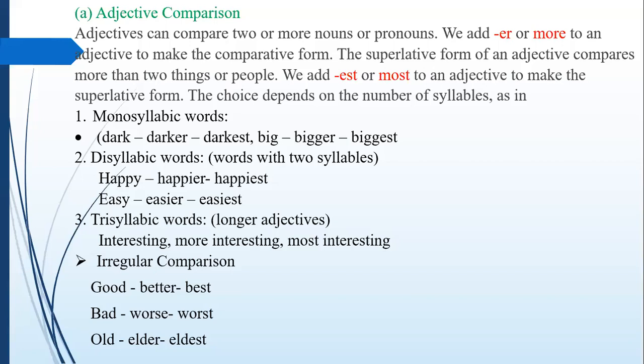But we also have old, older, oldest. So you see here, older, oldest. This is regular comparison. However, it can be under this category too. They call it irregular comparison. However, it takes ER in the comparative and EST in the superlative, and they consider it in English as irregular comparison.